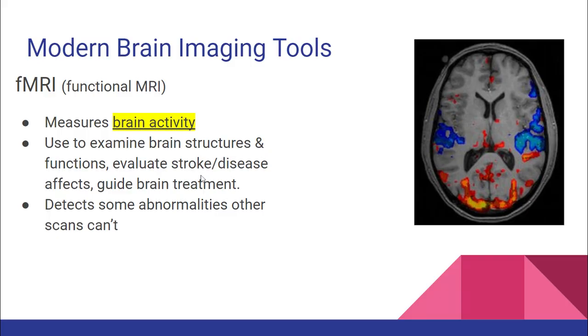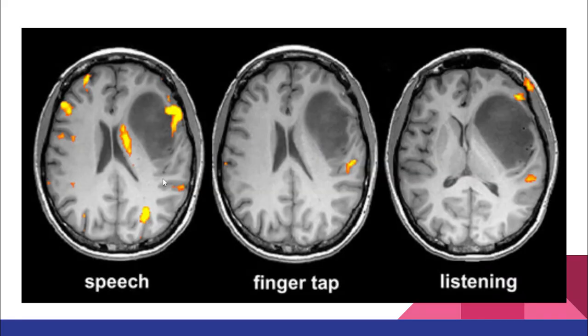So it evaluates for stroke, diseases, and it's often going to be used to guide different treatments when you're dealing with the brain. And it's good because it can detect abnormalities, often because of the combined image of PET and MRI, that others cannot.